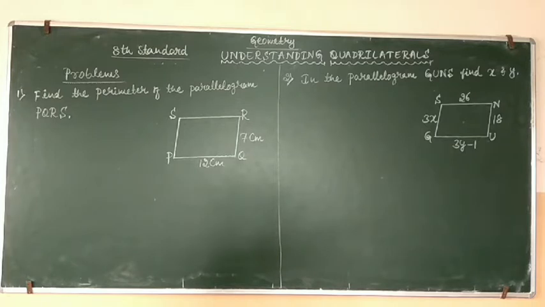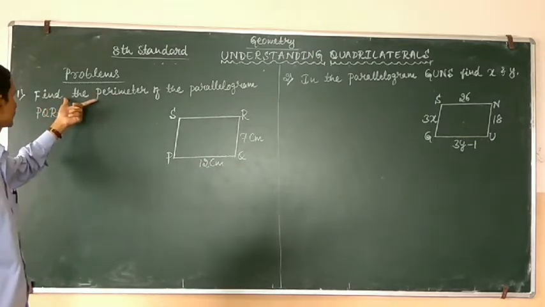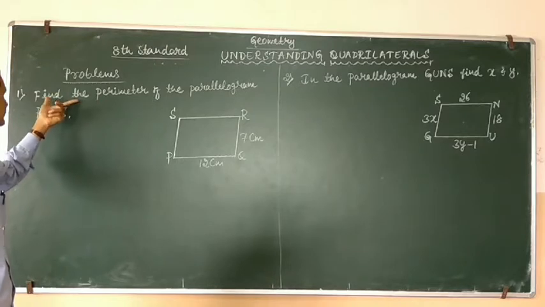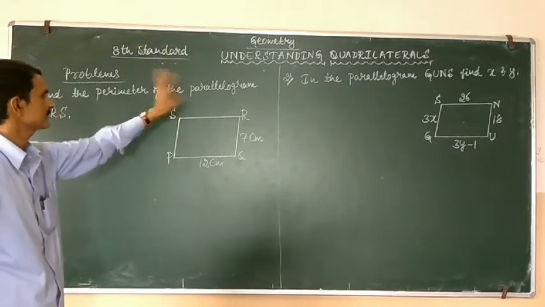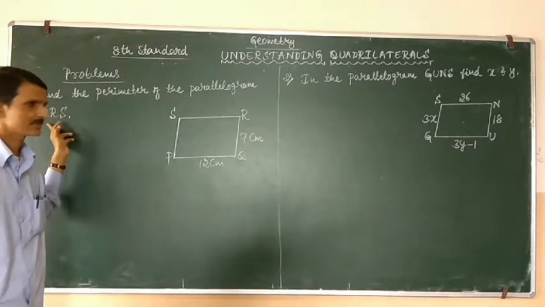Now students, observe the problems on the board. Now let us try to simplify those problems. Observe the first problem. Find the perimeter of the parallelogram PQRS.